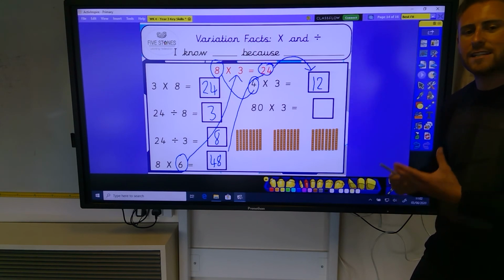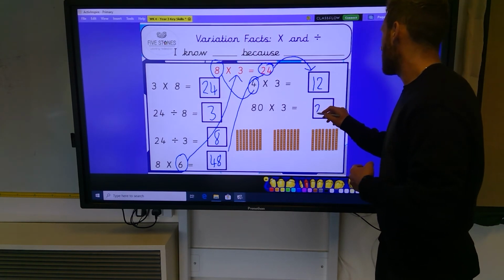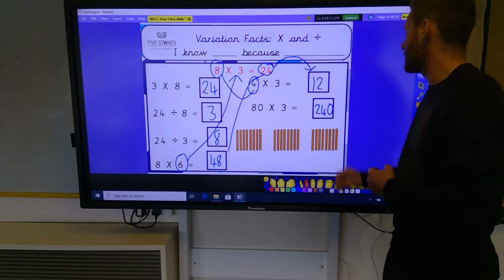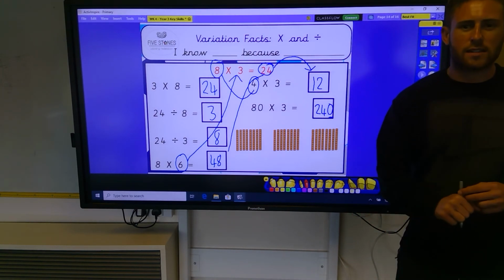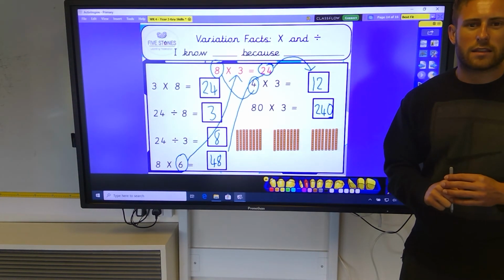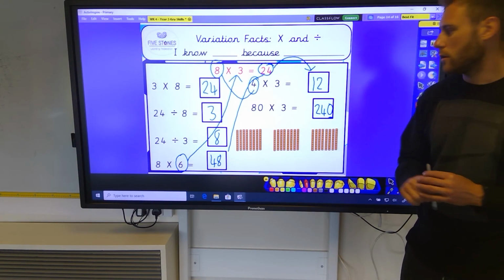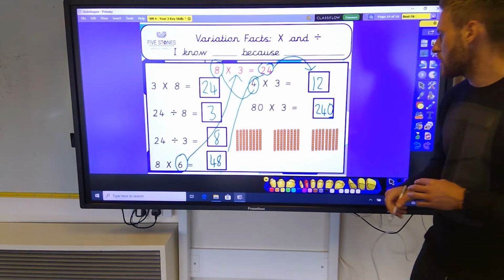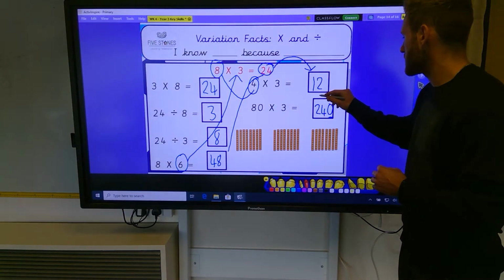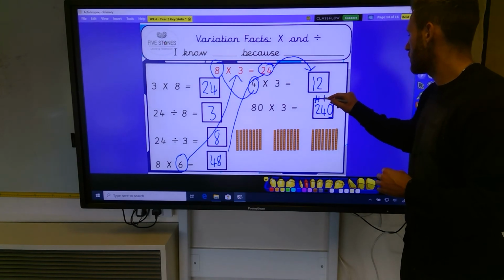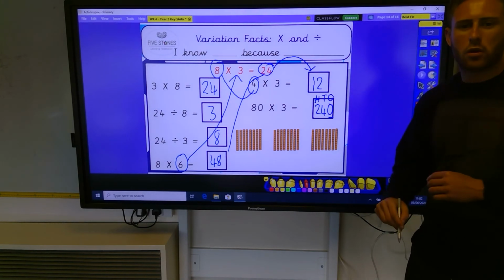So it's 8 tens times 3, meaning we've got 24 tens. And to show 24 tens, we add a 0 as our placeholder in the ones column. Moving it to 24 tens, which is the same as 240. 24 tens is the same as 200s, 4 tens and 0 ones.